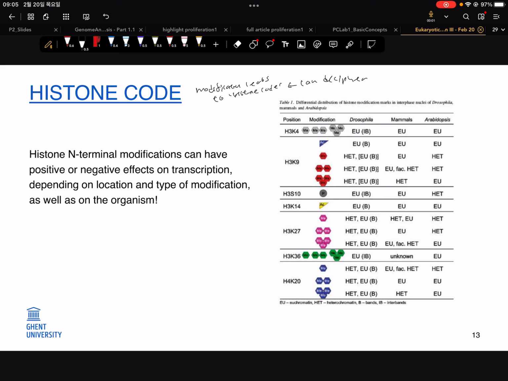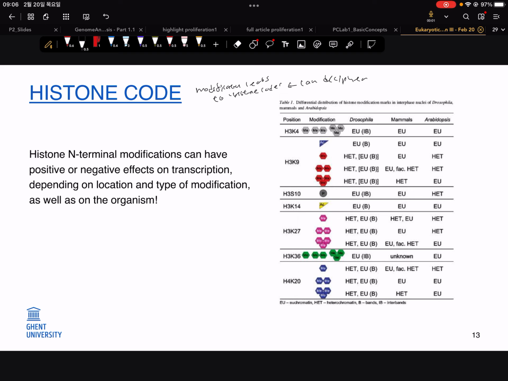That's a quite easy one. In Drosophila it's connected to euchromatin, also in mammals and in Arabidopsis. So in plants, animals, and insects, we know that this is typically found in euchromatin regions, because this mark is the one that I talked about three slides ago on genes that are poised for activation.